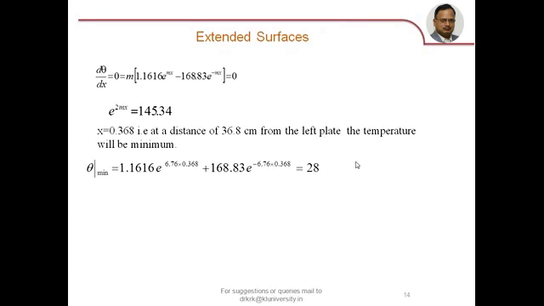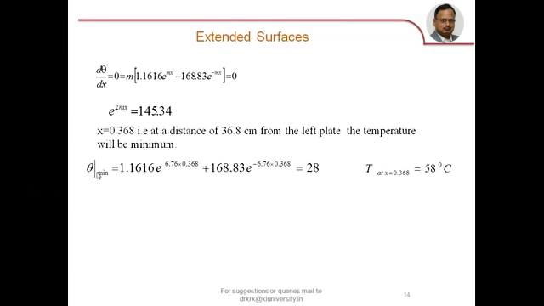Now let us see, if you know the position of minimum temperature, by substituting x equal to 0.368 in the equation, you will get the temperature distribution as 1.1616 e power so and so. By substitution, you will get theta at x equal to 0.368 is minimum and is equal to 28 degrees.